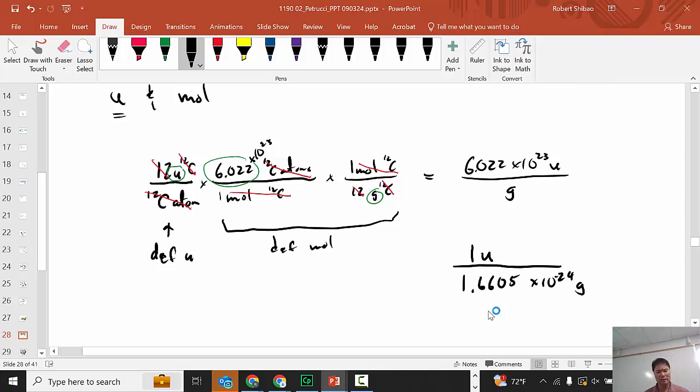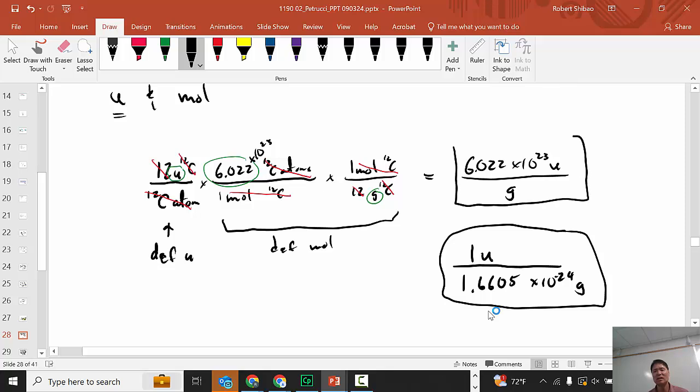This is the conversion factor in our book: 1 U is equivalent to 1.66 times 10 to the minus 24 grams. Which one's easier to remember? They're both the same, but the top one is easier. If I were to remember one, I'd remember the top one.